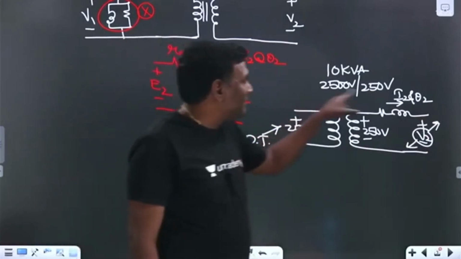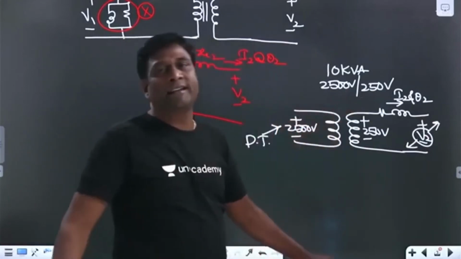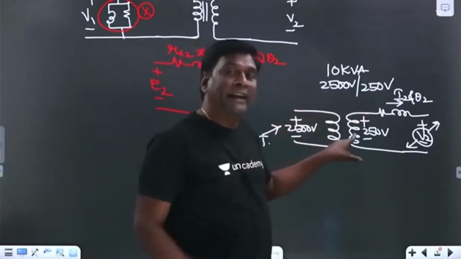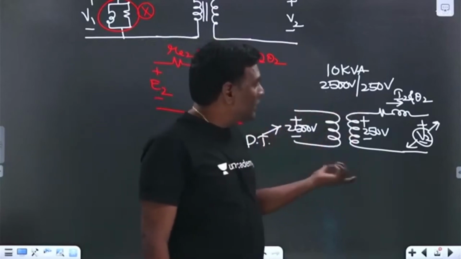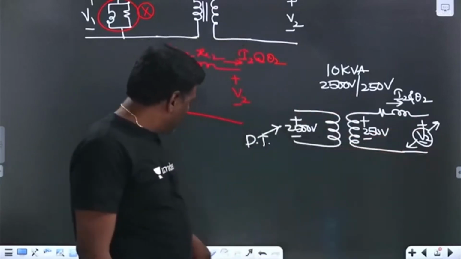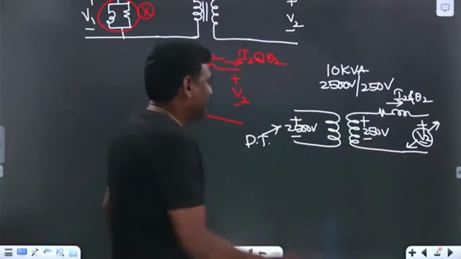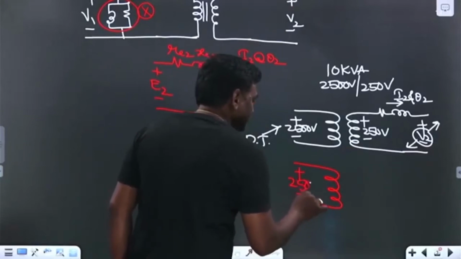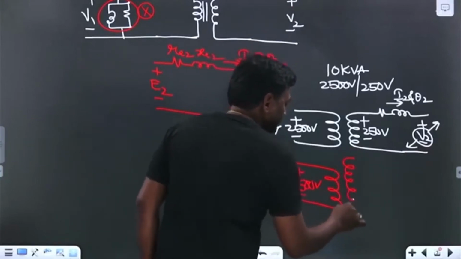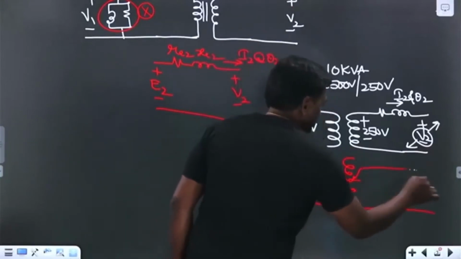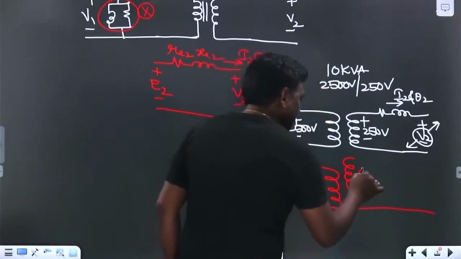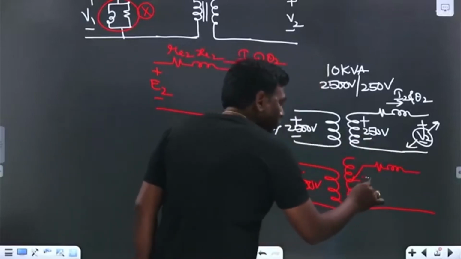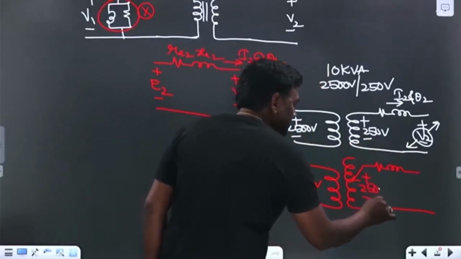Now nameplate detail, ultimately rated voltage is going to be the nameplate detail voltage only. So if you supply 2500, it will give you 250 at no load. Under loaded conditions, terminal voltage is going to vary. Now if I think of the same transformer, when you supply 2500 volts, at no load it may give 250 volts.